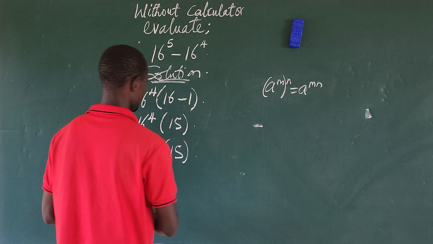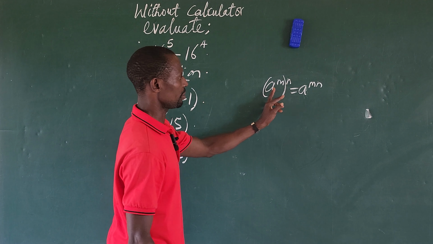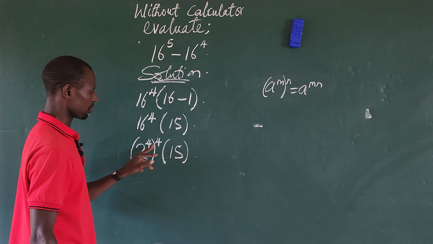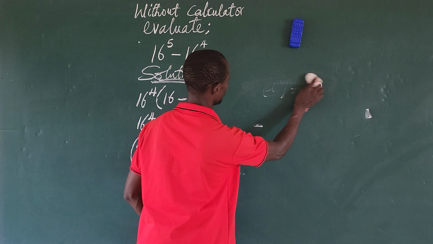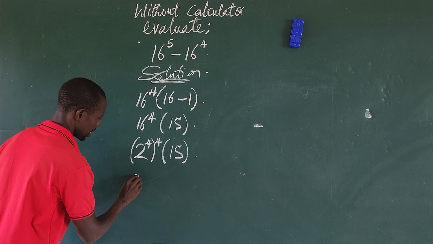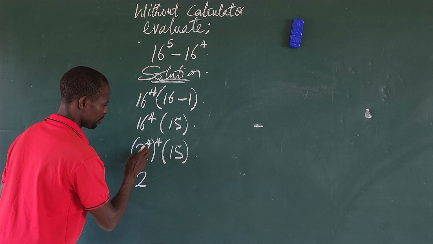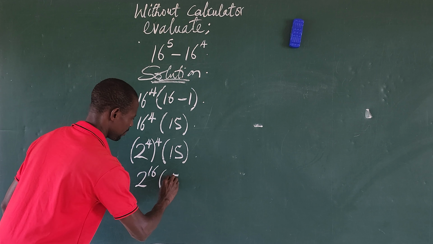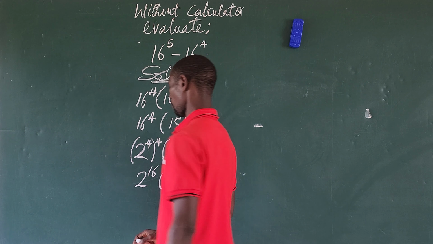Okay, so if we consider this law, we are having a similar expression here. So we can multiply this 4 times this 4 at the exponent, right? So let's go ahead and do that. And so this is going to give us 2 to the power of 4 times 4, which is what? 16. The bracket, 15, close bracket.